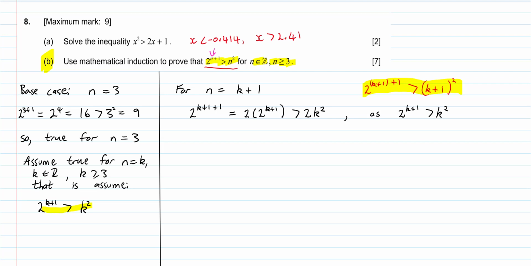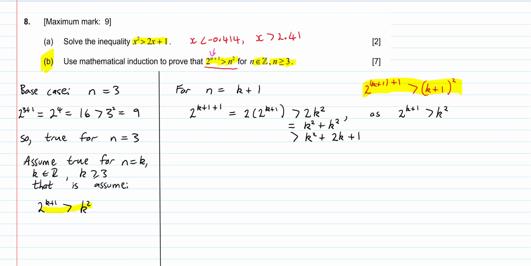And we can write 2 times k squared as k squared plus k squared. And we know that that is going to be greater than k squared plus 2k plus 1. And we know that from part A, because we had this inequality here, x squared is greater than 2x plus 1.